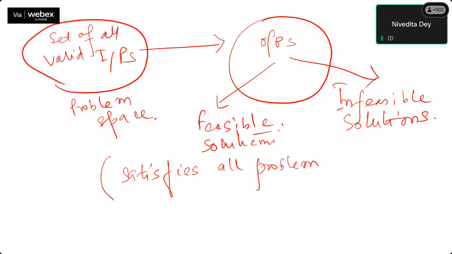You have some certain predefined constraints, all of them will be satisfied. Infeasible is one that violates at least one, maybe more, maybe all, but at least one constraint.